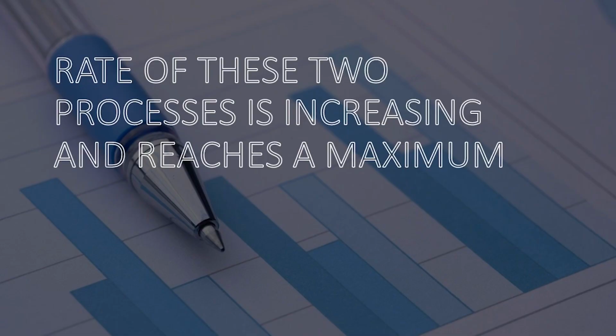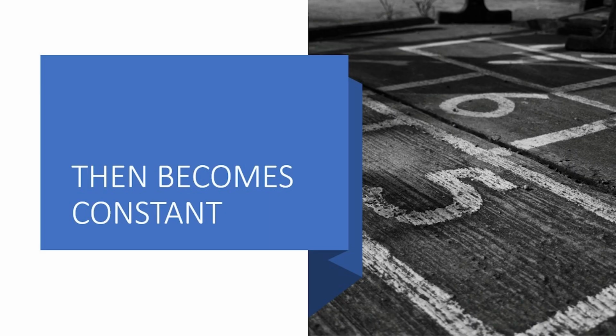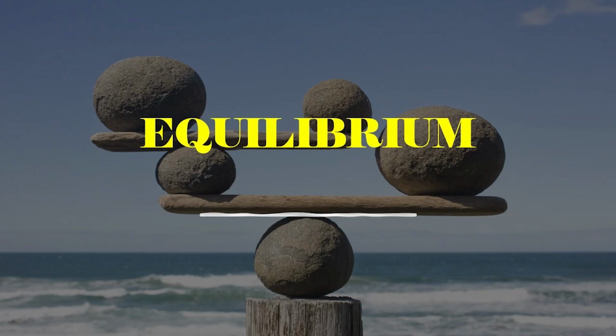Yes, we can say that the rate of these two processes first increases and reaches a maximum, and then the rate becomes constant. Will you please tell me the name of this stage reached? Yes, it is called the equilibrium stage.